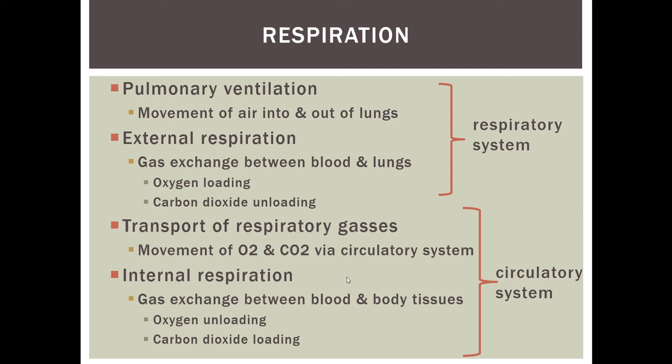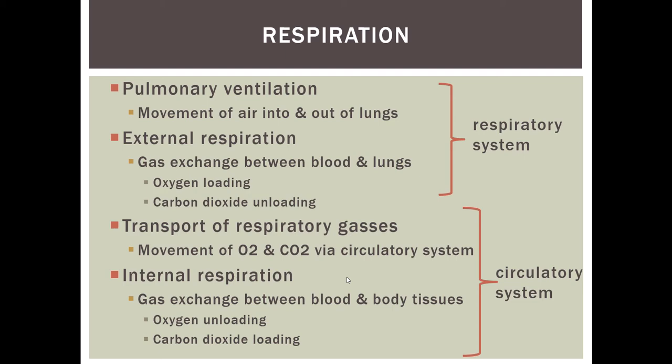External respiration is then the exchange of oxygen and carbon dioxide between the blood in the lungs and the alveoli in the lungs themselves. So we're picking up oxygen, we're getting that into the circulatory system, and we're getting carbon dioxide out.